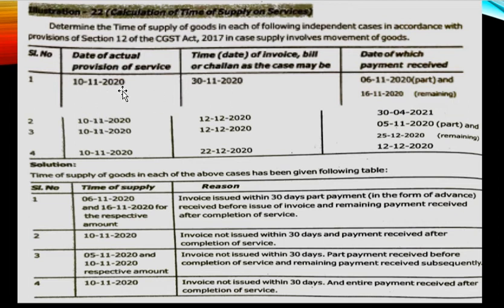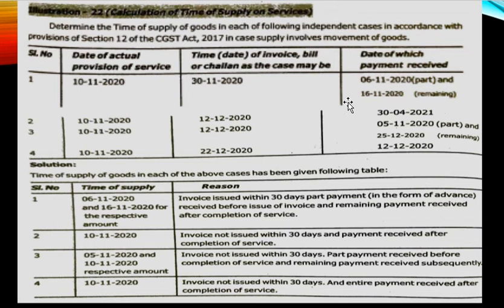This is 10th November and this is 30th November. So the date is within 30 days. The issuance of the invoice is within 30 days from the date at which the service was rendered. So the invoice is issued by the supplier within 30 days of the service which has been rendered by him.